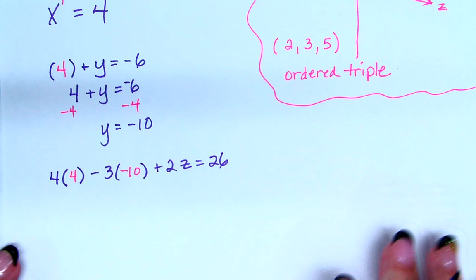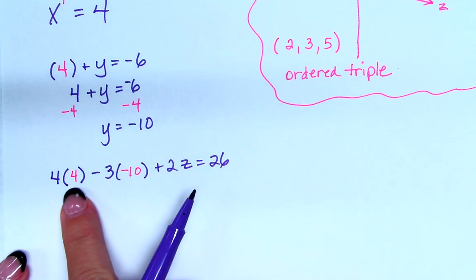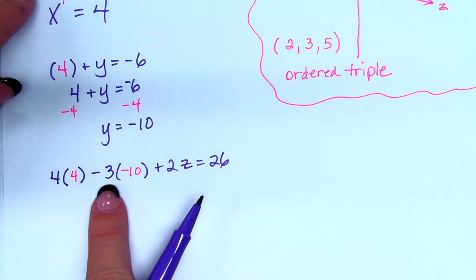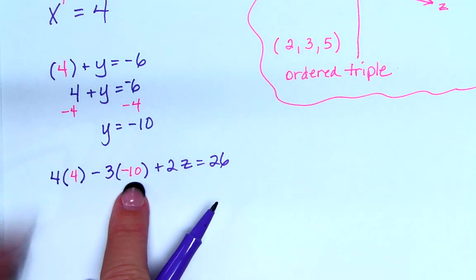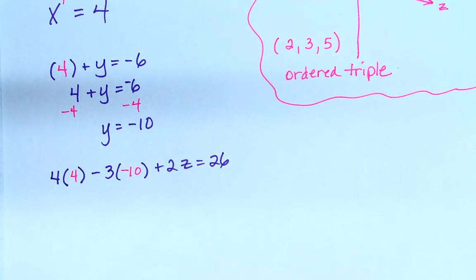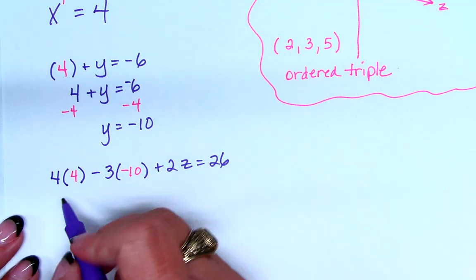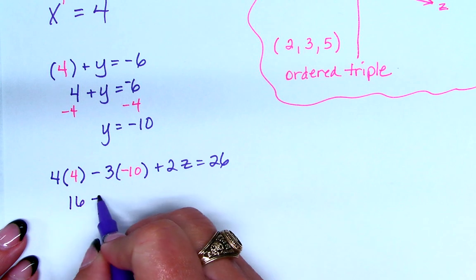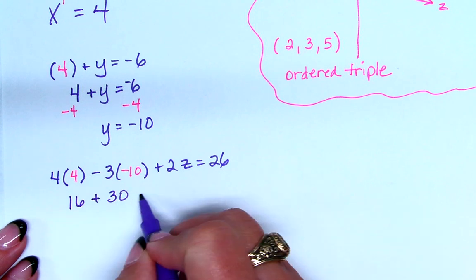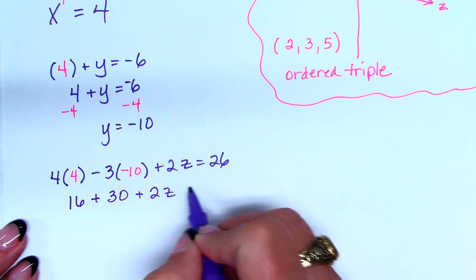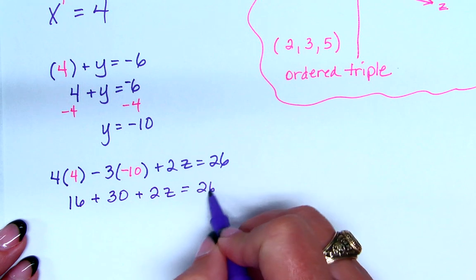Sorry about that. 4 times 4, because that's 4x, plus 3 times y, which is negative 10, plus 2z equals 26. 16 plus 30 plus 2z equals 26.